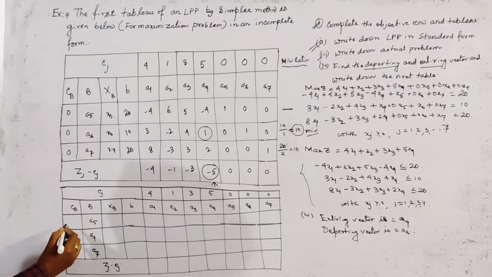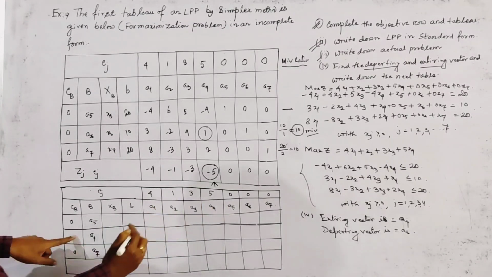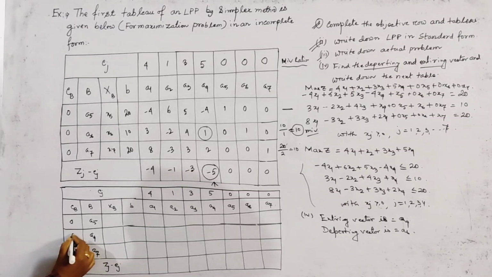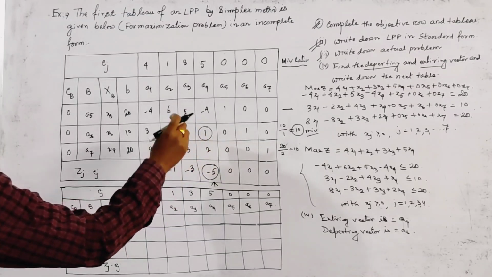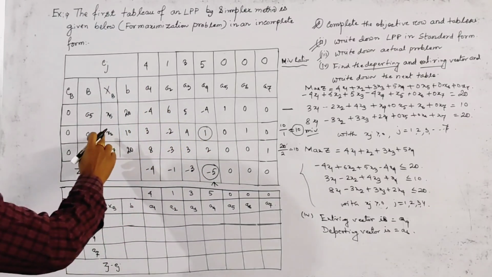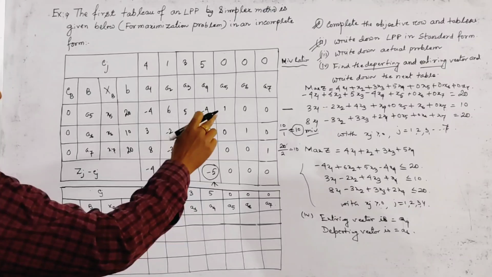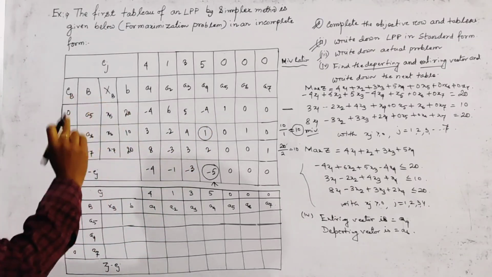Now the cost coefficients corresponding to the basis are 0 and 0, and corresponding to A4 we must put the value of the cost, which is 5. Now the key element is 1, so there is no need to calculate for the key row, and the key row becomes unchanged.